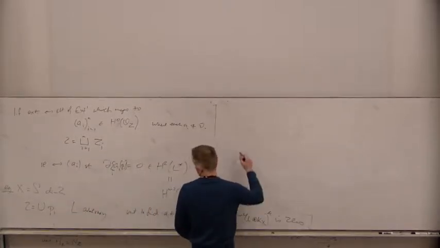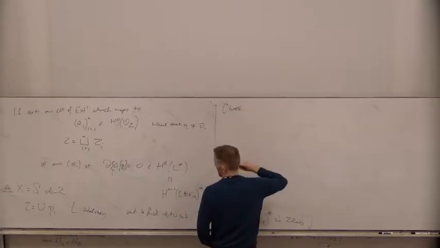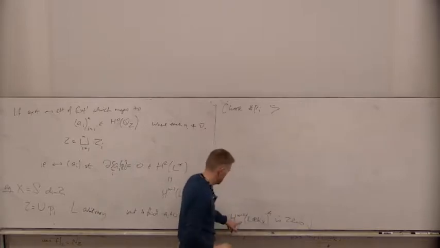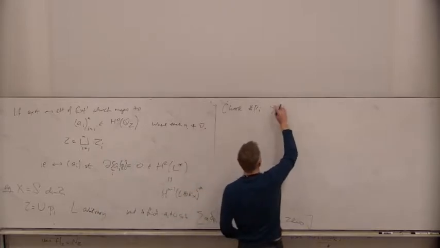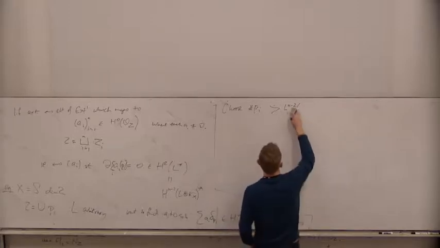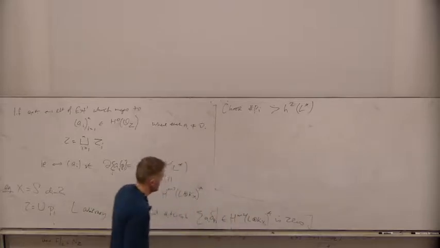So if I choose the number of points to be bigger than the dimension of this group, or what was this group? It was H^2(L dual). Okay.